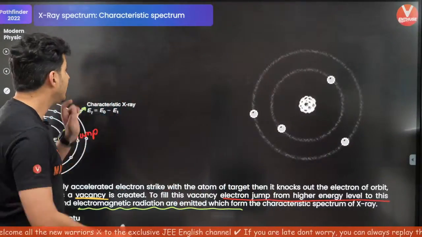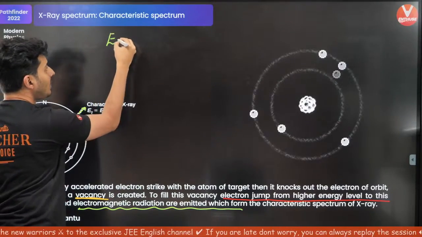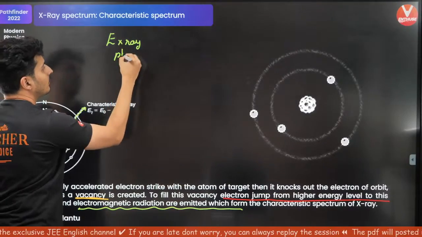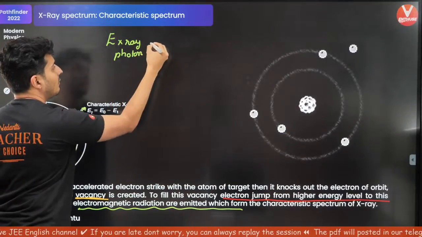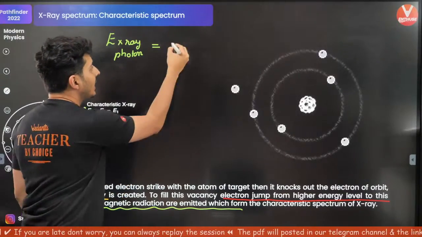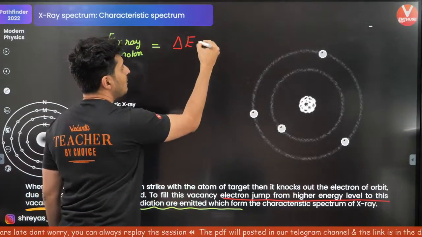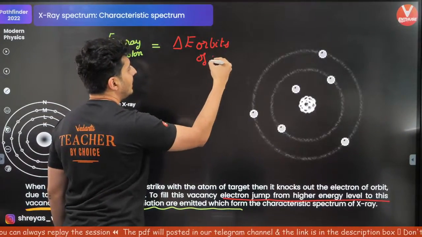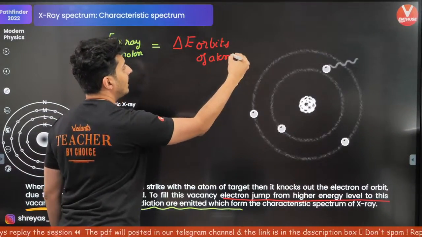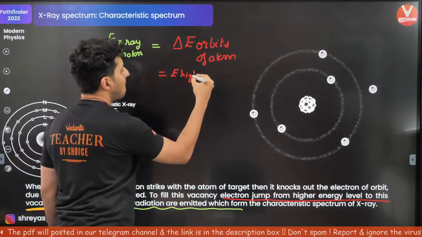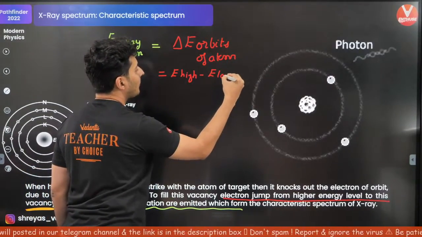Now the energy of the X-ray photon will be exactly equal to the energy difference between the orbits of that atom. So it's basically E high minus E low.